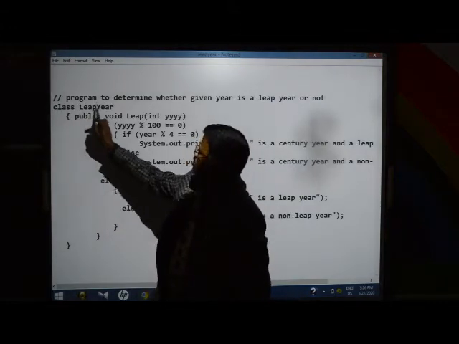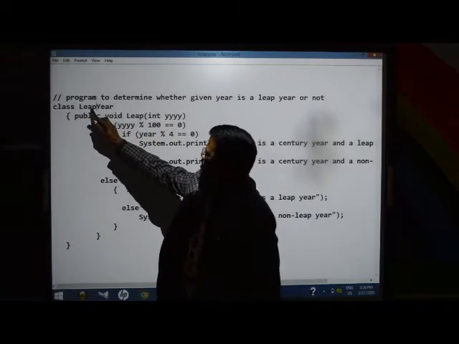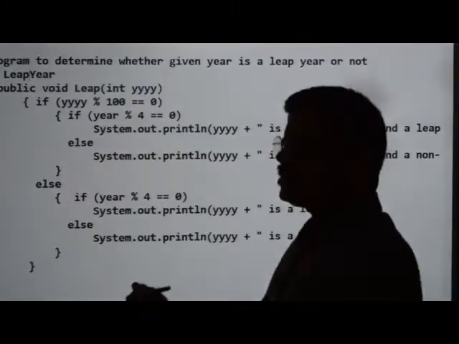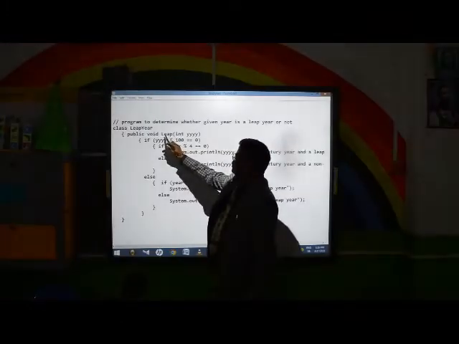The class name is known as leap year. And for the class name and the method name, we the users can give anything. I give the method name as leap.